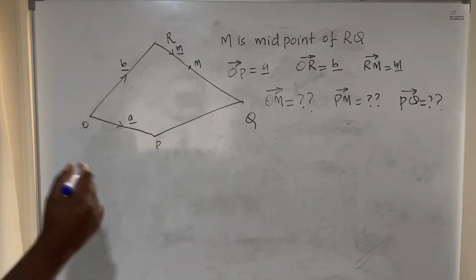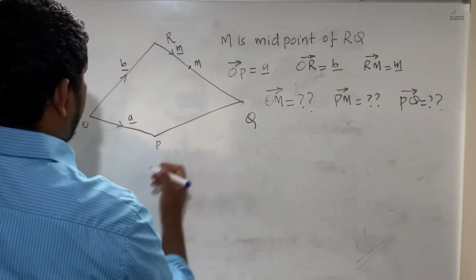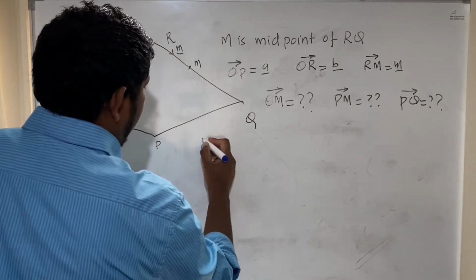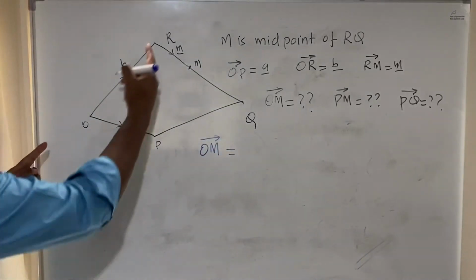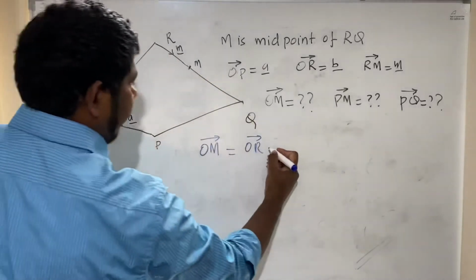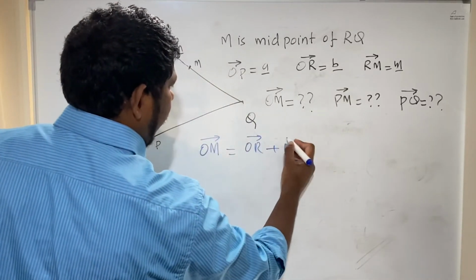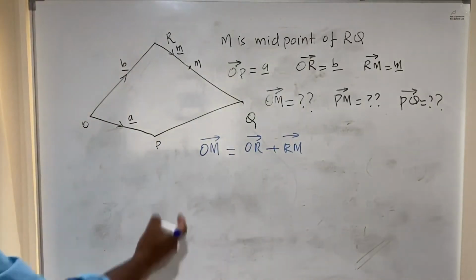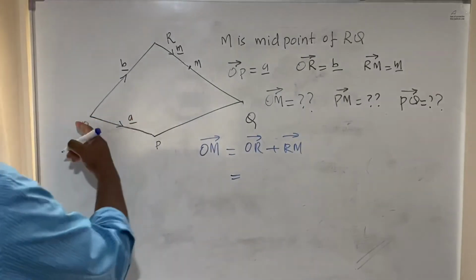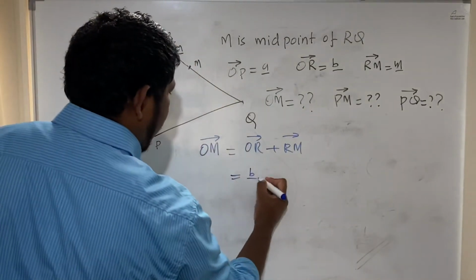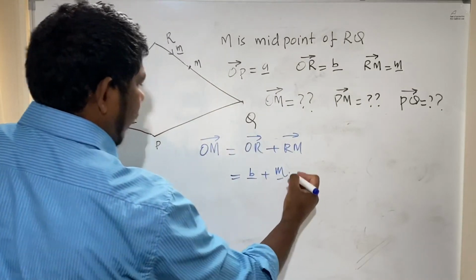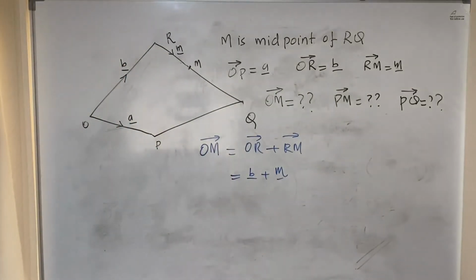What is the OM? So OM is equal OR plus RM. But RM we know is M. So OR is vector B plus RM is vector M. That is OM.